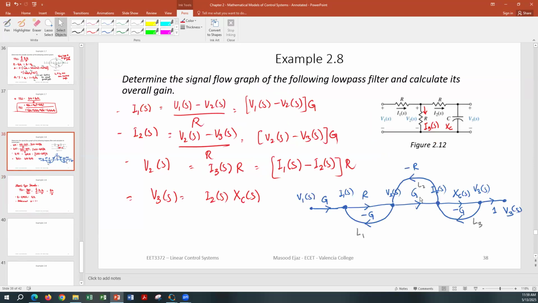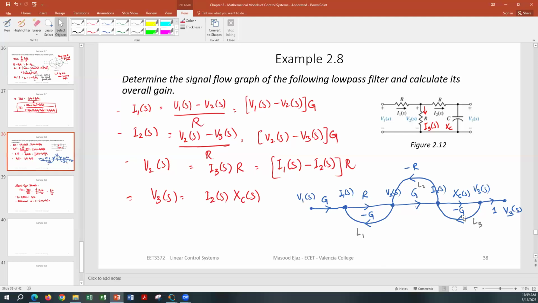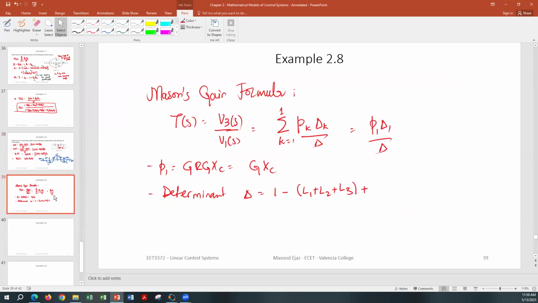So I have L1, L2, and L3, the gain of each loop, plus the sum of products of two non-touching loops. In this case, we have only these two loops that are non-touching, L1 and L3.